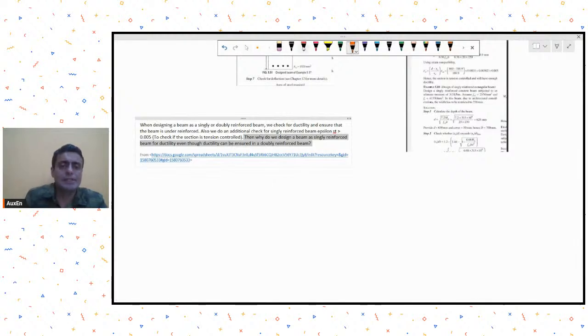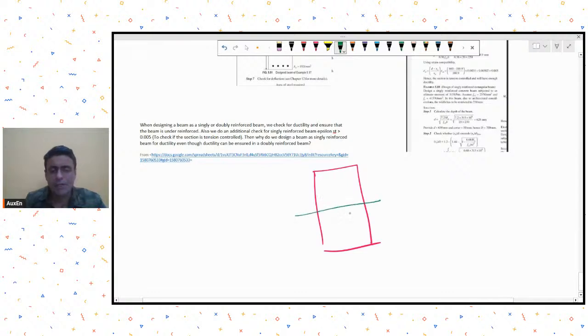The basic reason is that in doubly reinforced cross sections, on the tension side, I'm assuming a case where the sagging moment was causing a section to be doubly reinforced. So on my tension side, my tension steel has already reached the limiting tensile stress level.